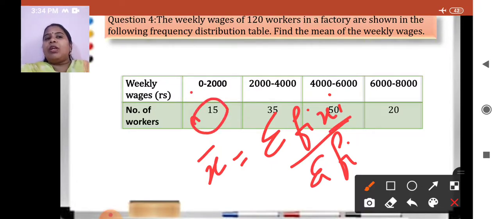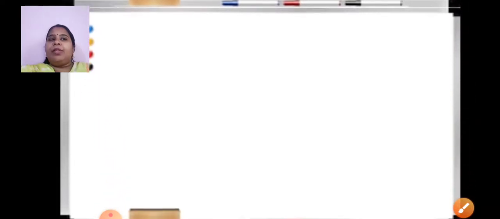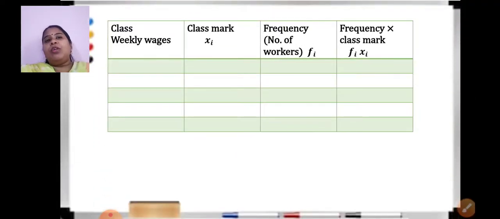Xi means the class mark of all these classes, the midpoint. Accordingly we will prepare the table. The table will have 4 columns: the class intervals, that is weekly wages; class mark, that is xi; frequency, that is the number of workers given to us, that is fi; and the last column fi xi. So these are the 4 columns for the direct method.